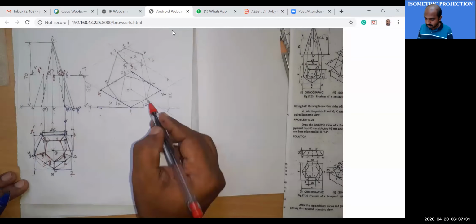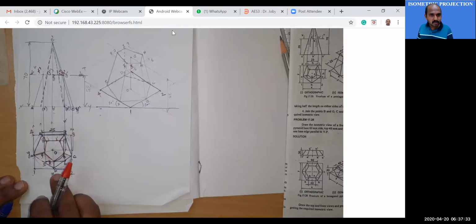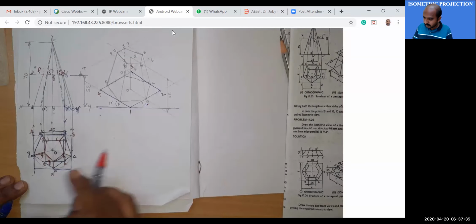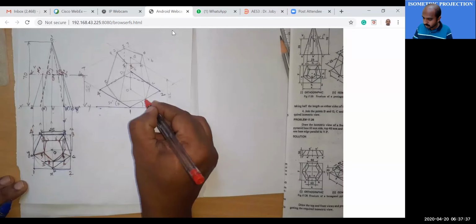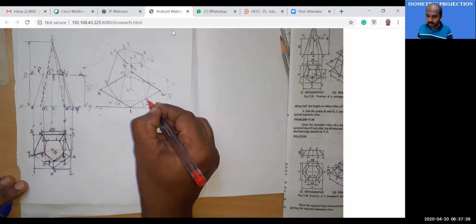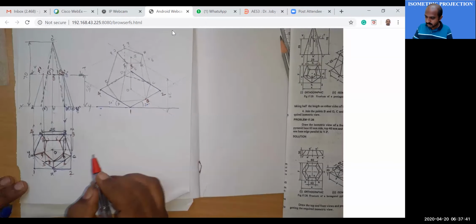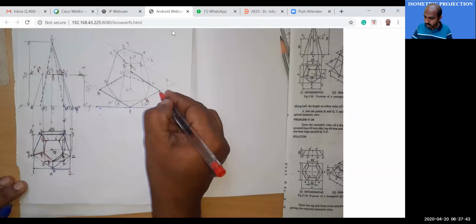So you measure 1 to B and mark it here. This is your B. Then you measure 2 to C and mark it on the 2 to 3 line.